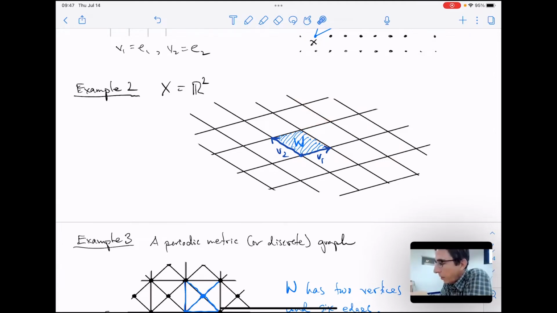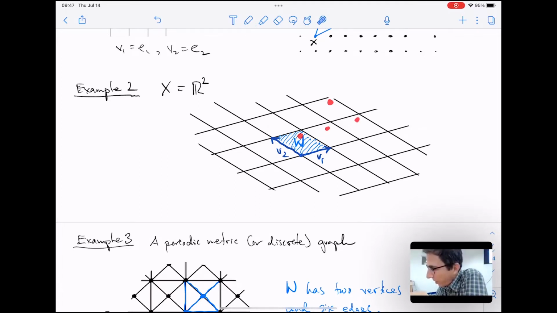So what do I mean by local and global variables? If I take any point right here, I can shift this point back to a certain point in the fundamental domain. So this point has a certain orbit.